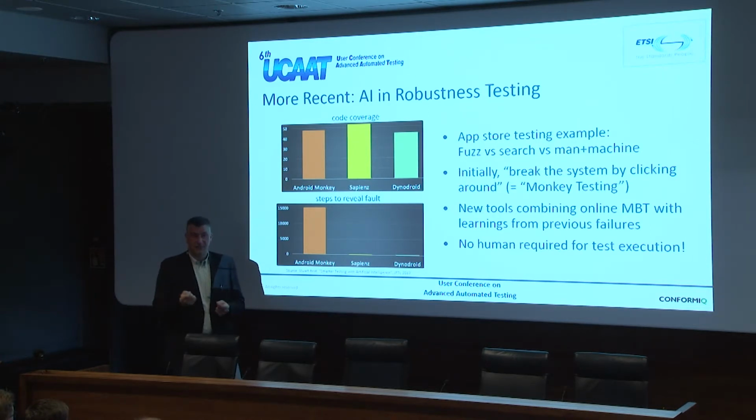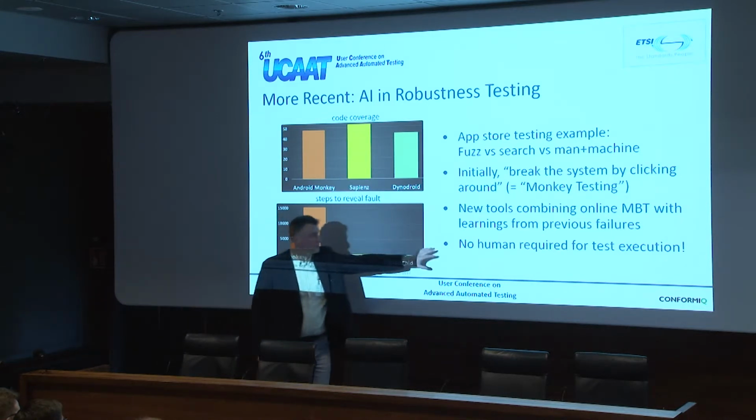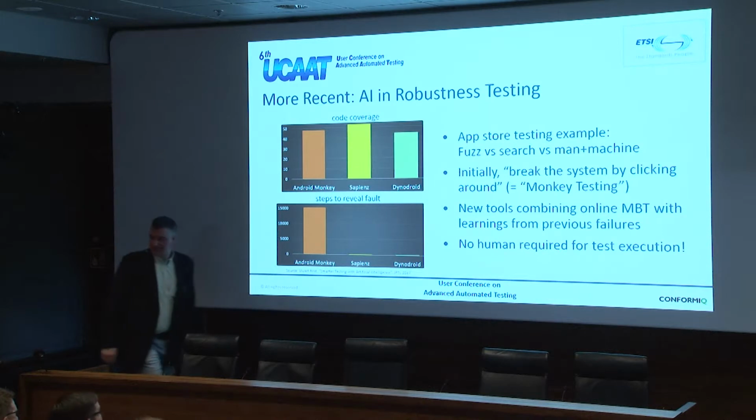So let's pick the paths that check these buttons all over the place, because I've had one mistake in this, right? So it uses learnings from the test execution in the test generation. This is already sold as AI. This tool has AI in its name. Okay. Yes. And with this, no human is required for the test execution, it was just about this robustness testing.